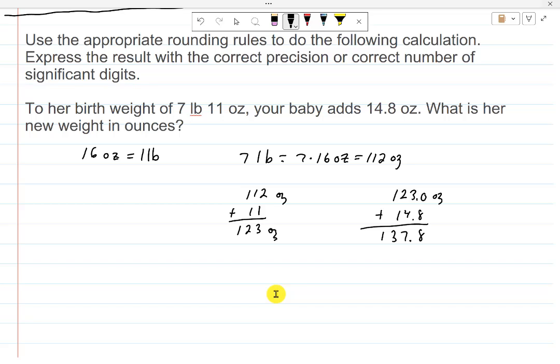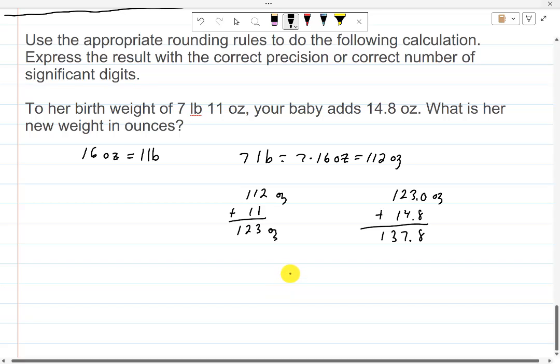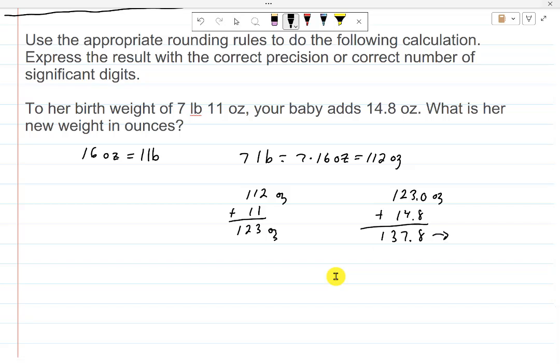Now, we need to round this the correct amount. So these ounces were given as whole ounces and these ounces were given in 0.10 increments. So for that, we're going to round to the nearest whole number and do 138 ounces.